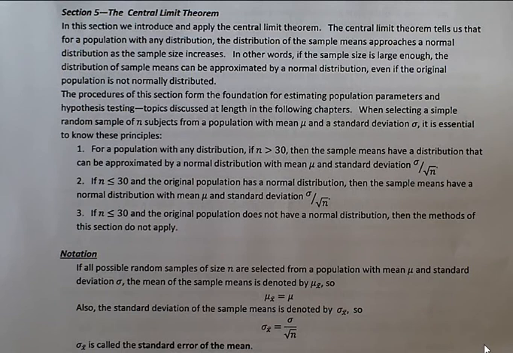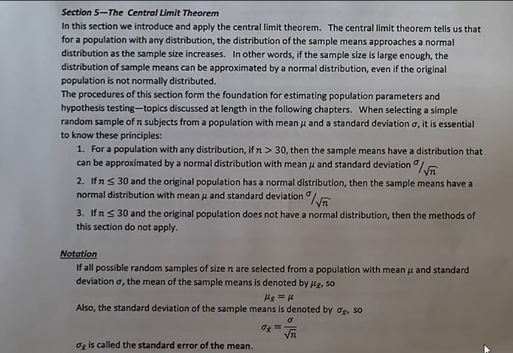Now I want you to notice how they've shifted the standard deviation. The mean stayed the same, but the standard deviation is now sigma divided by the square root of n. Sigma is the population standard deviation, and n is that sample size. We're going to take the square root of that. Now, that's if it's greater than 30.